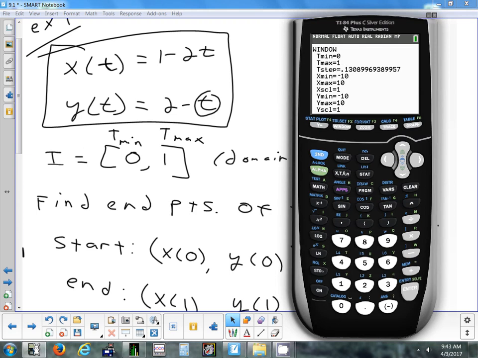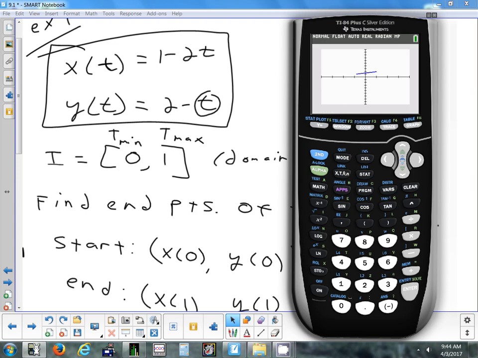T-step is important, but just leave it at that for now. When I hit graph, watch the way that it draws it. It should go from quadrant 1 to 2 very quickly. People see it? If you zoom in a little, it'll slow it down a little because the calculator has to draw something bigger.